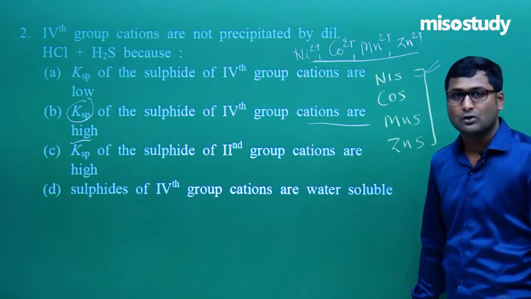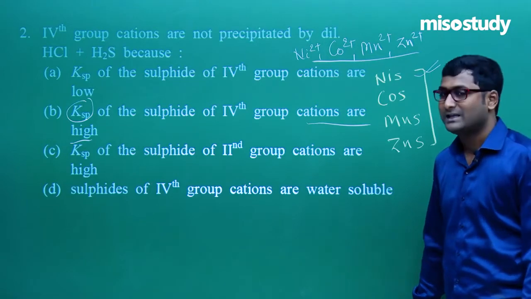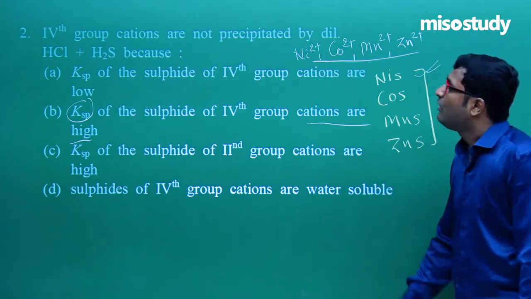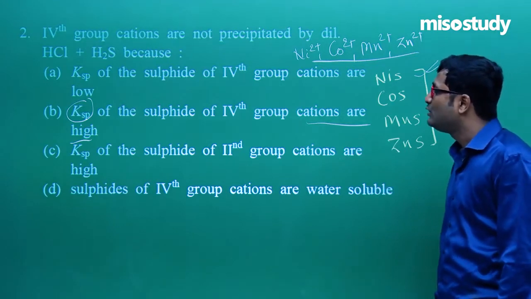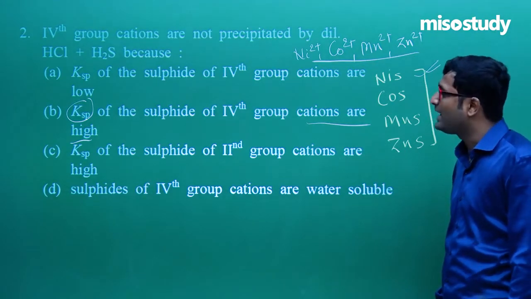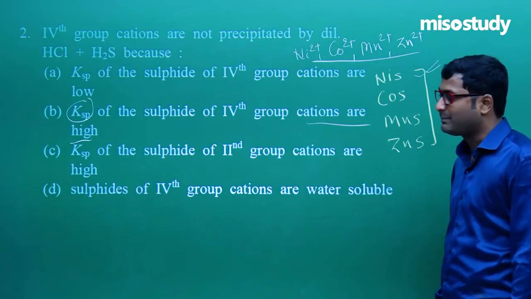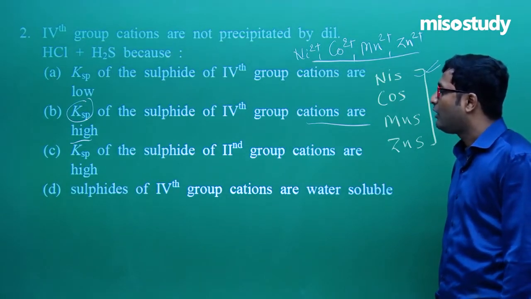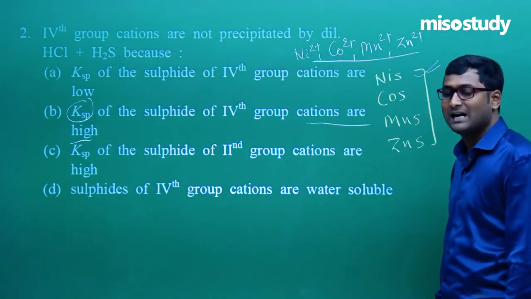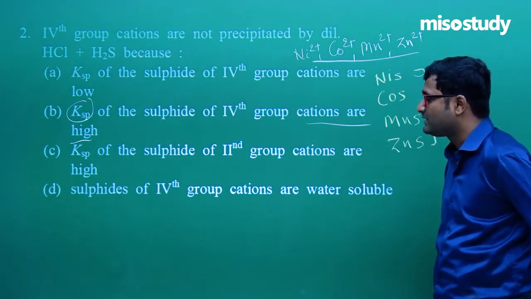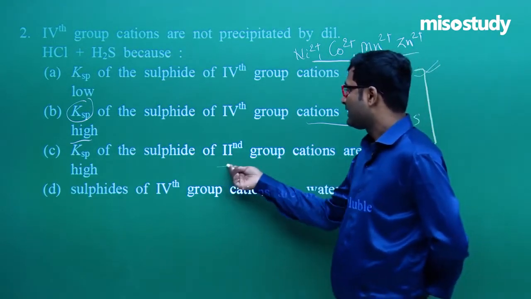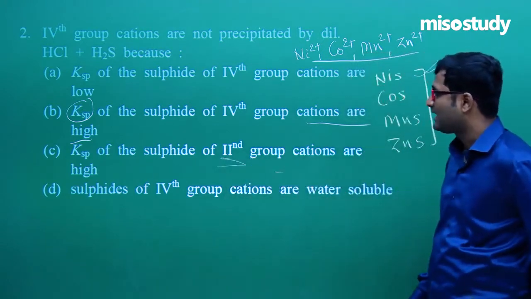Clear to you? So what is the complete explanation? Fourth group cations are not precipitated by dilute HCl and H2S because Ksp of the sulfides of fourth group cations is high, not low. If low, then it can form precipitate. Look at here, also given here, Ksp of sulfides of second group cations are high.